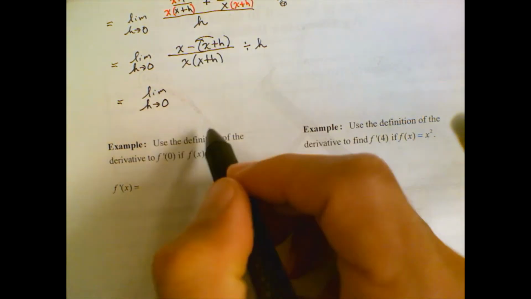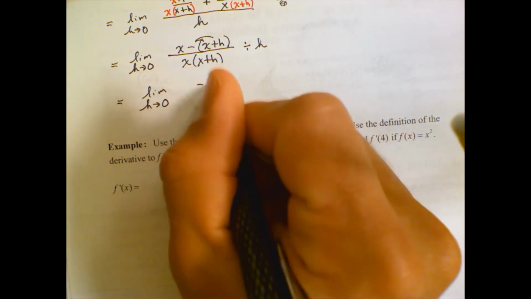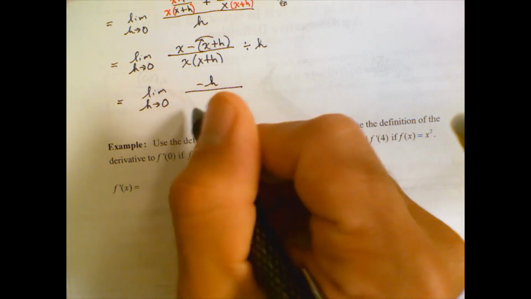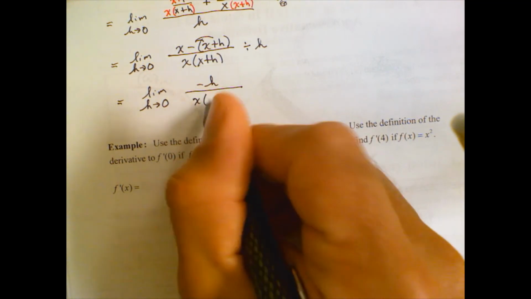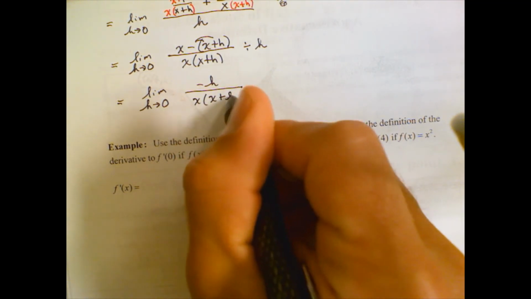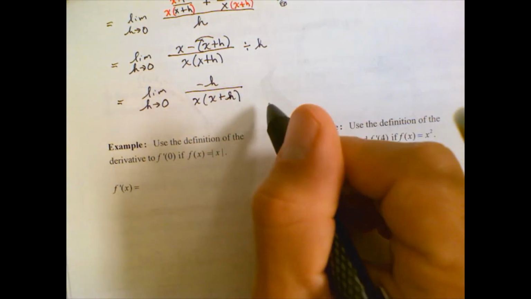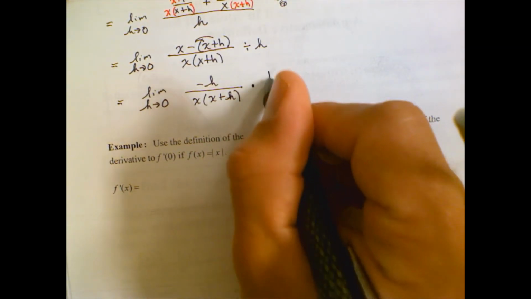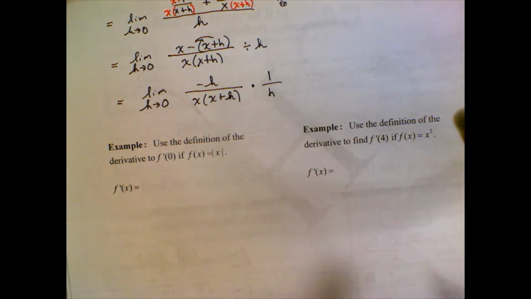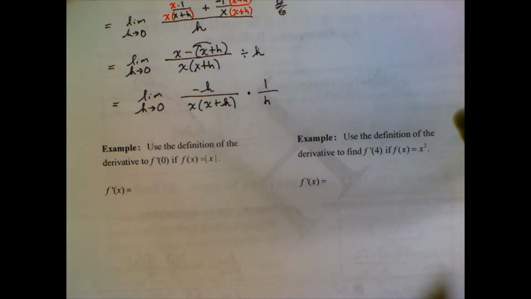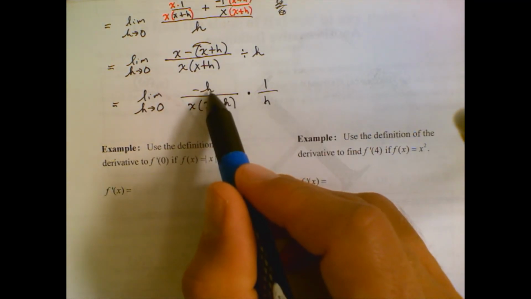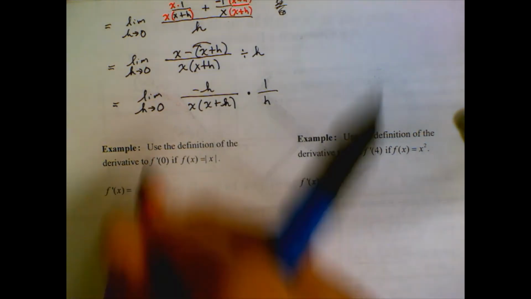So x minus x, that'll be 0. And then it'll just say minus h. So negative h is on top, and x times x plus h is on bottom. Now this says divided by h. Well, we're going to say multiplied by 1 over h. Well, in that case, there's an h in the numerator and an h in the denominator, so they can cancel.